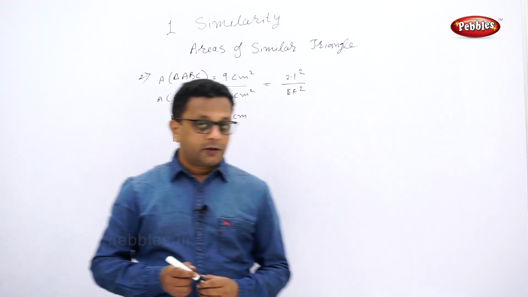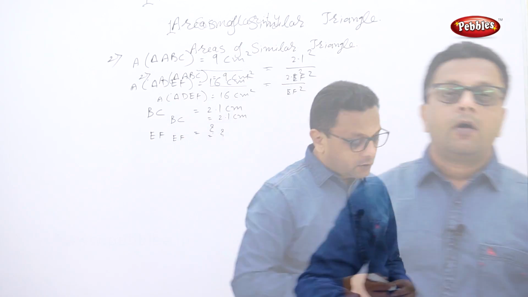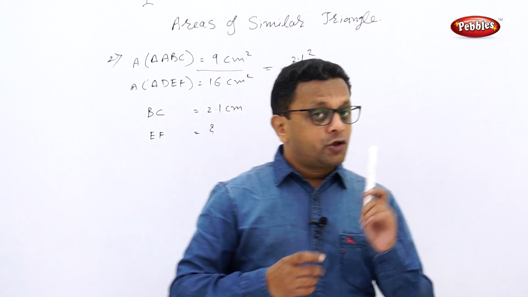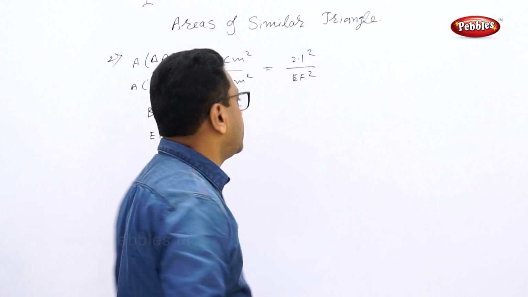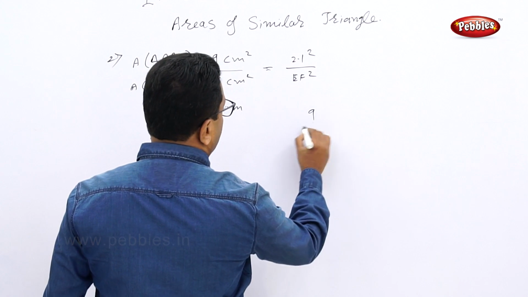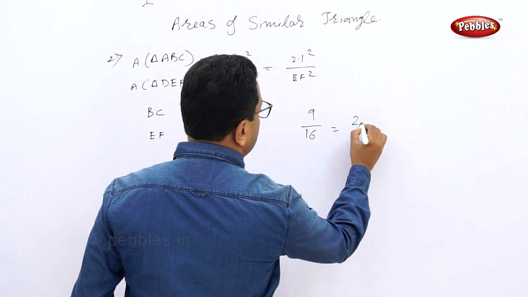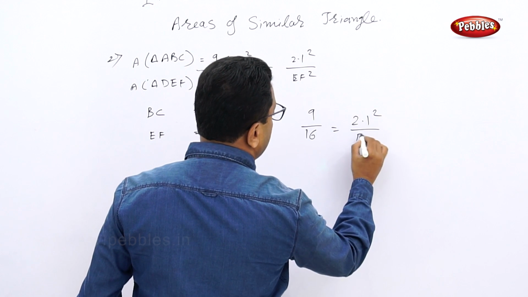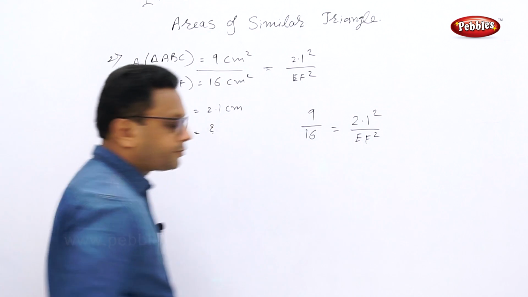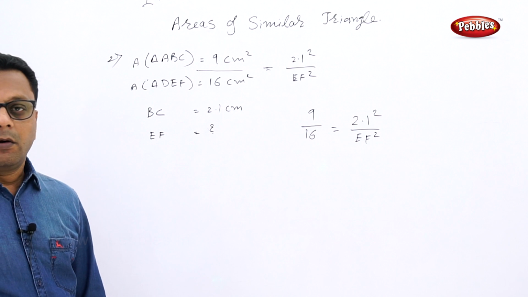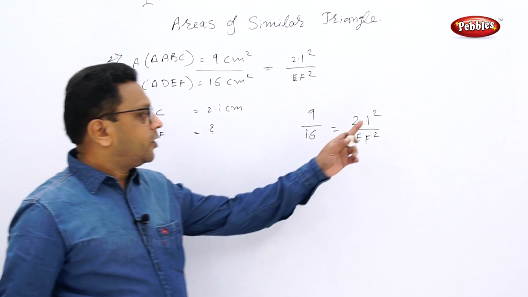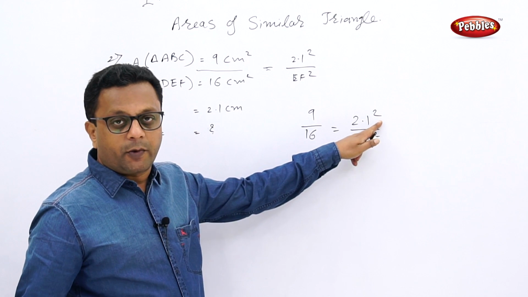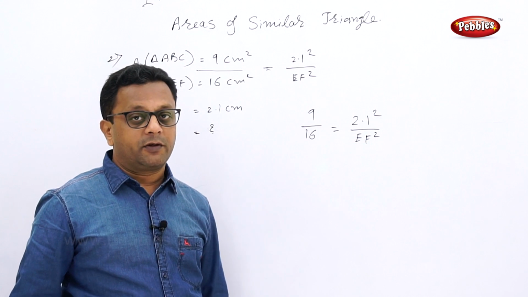I hope you have solved it. Okay, the answer is 2.8, but I'm sure many of you while solving this must have done it like this: 9 upon 16 is equal to 2.1 square upon EF square. I have seen in the papers or notebooks of students that they first square 2.1, that is 2.1 into 2.1.